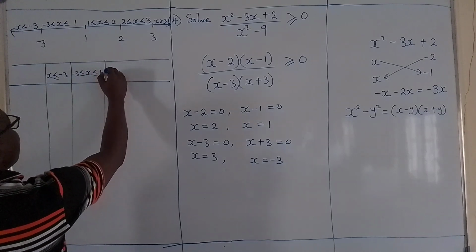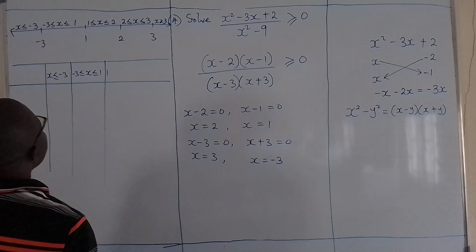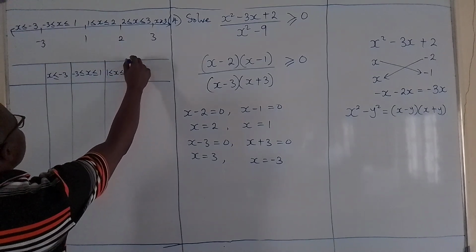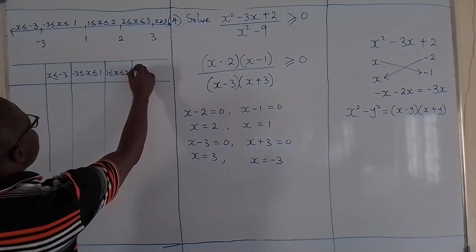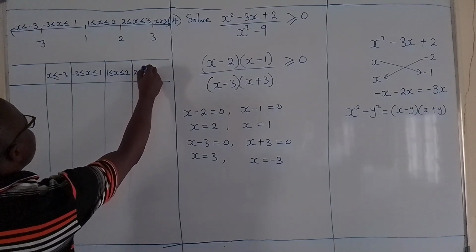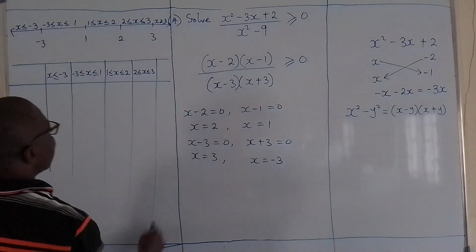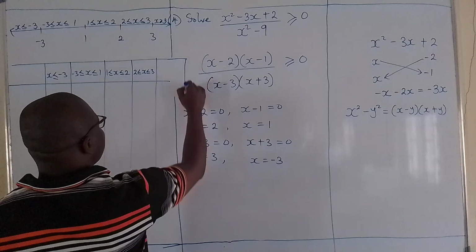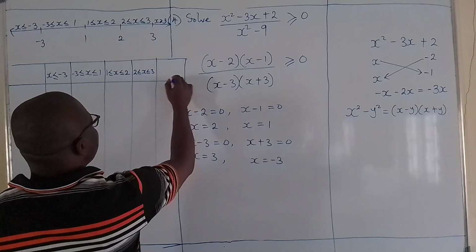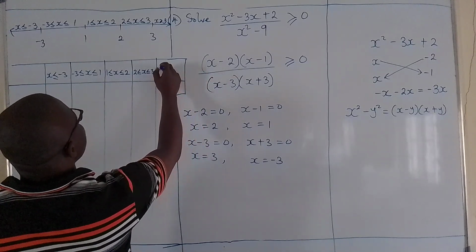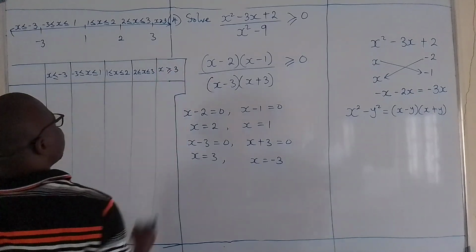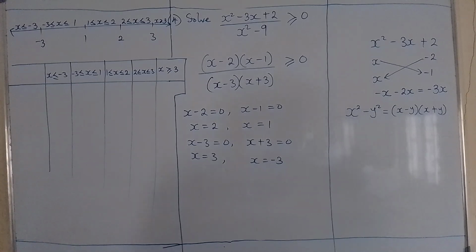Another one is 1 is less than or equal to x is less than or equal to 2. Then we'll have 2 is less than or equal to x is less than or equal to 3. And then the last one will be x is greater than or equal to 3.